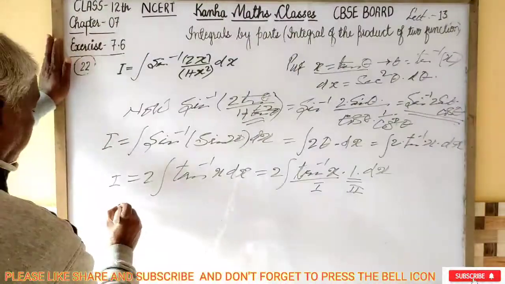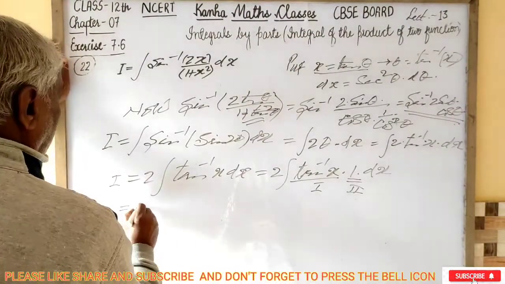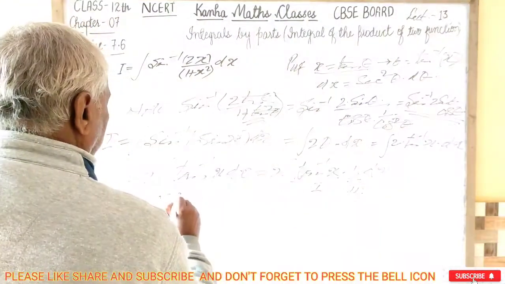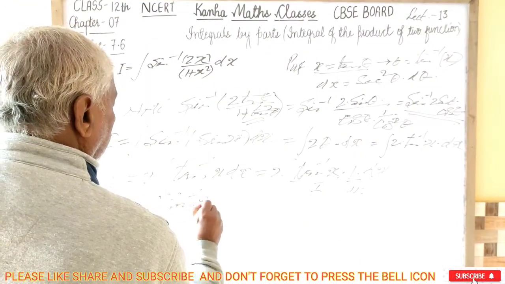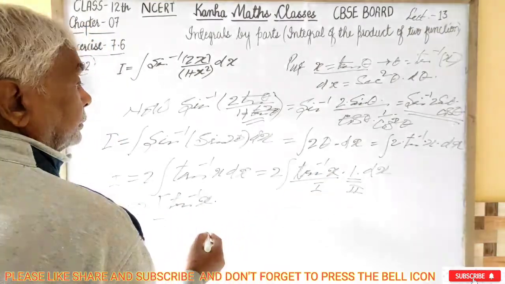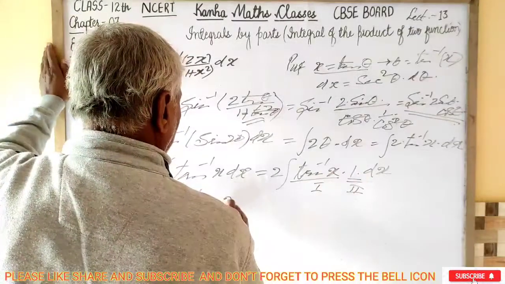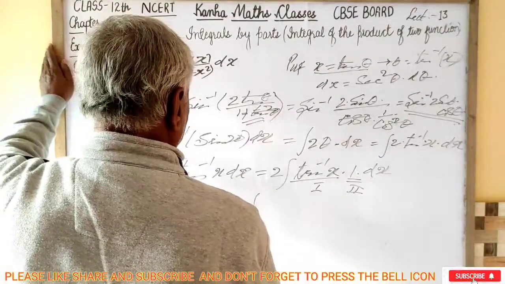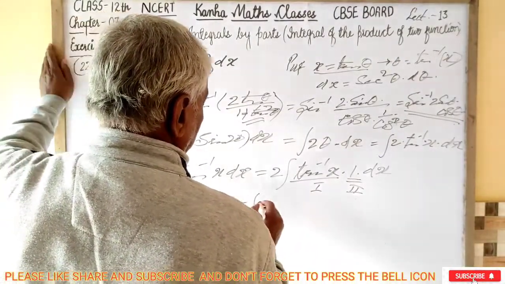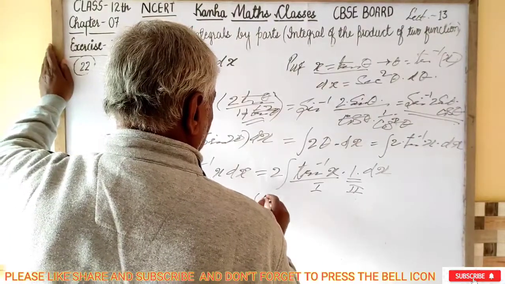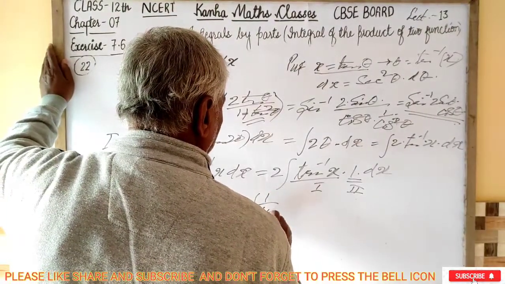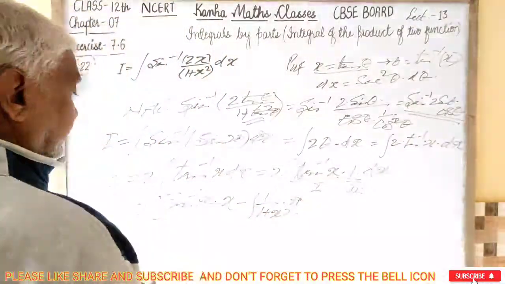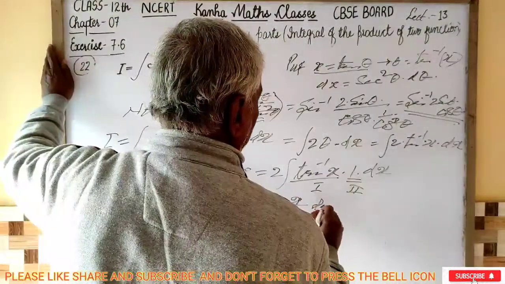Then this will become 2 times first function tan inverse x into integral of second, that is integral of 1 is equal to x, minus integral of differential of tan inverse x. Differential of tan inverse x is equal to 1 upon 1 plus x square into x dx.